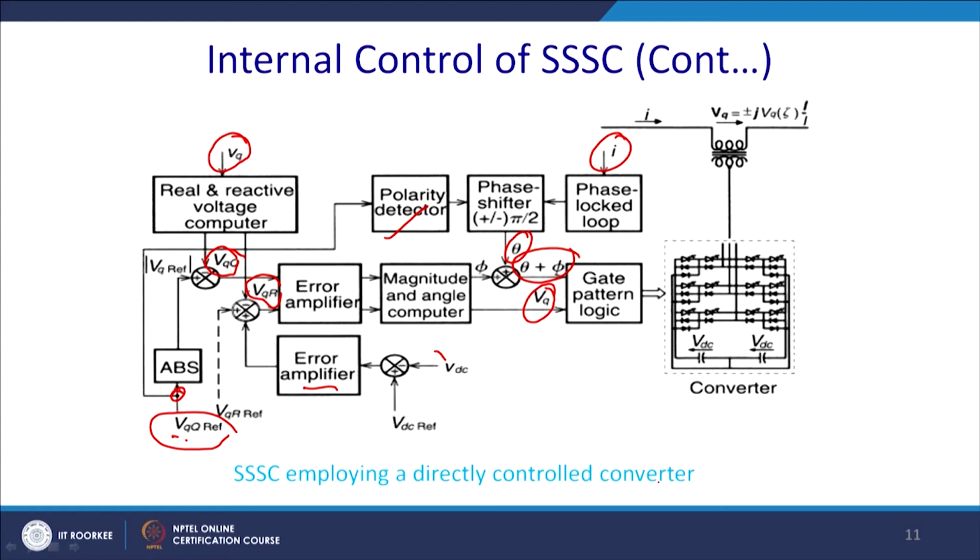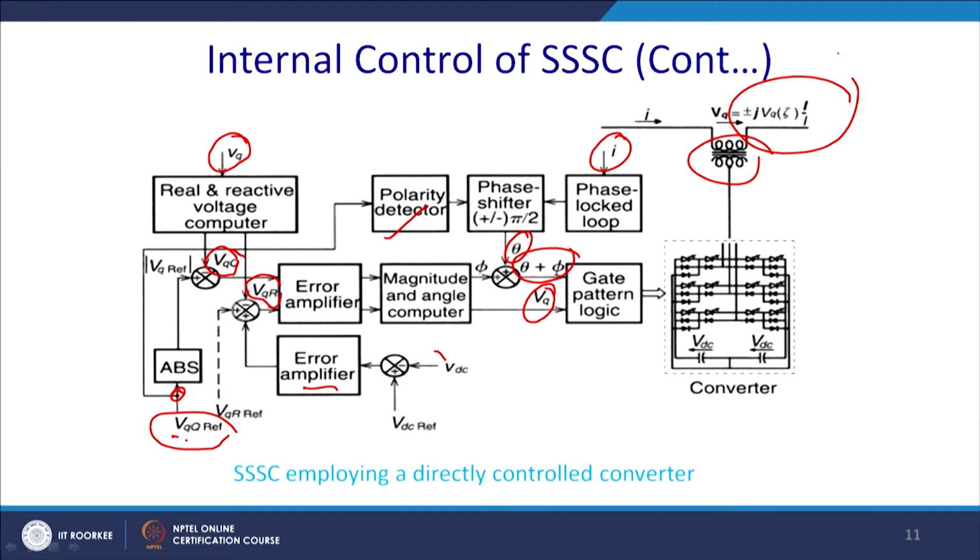That information will be fed to the gate driver circuit, and that will be fed to this voltage controlled current source converter, and that will inject the voltage VQ. We will have this logic: plus minus j VQ times I by mod I.